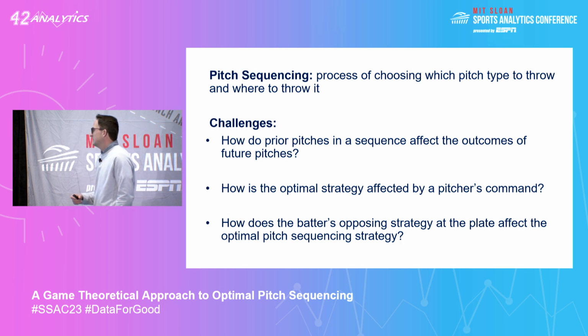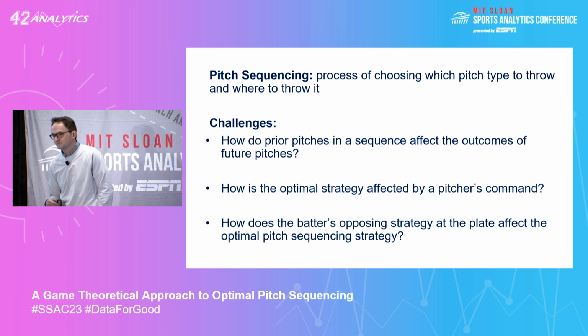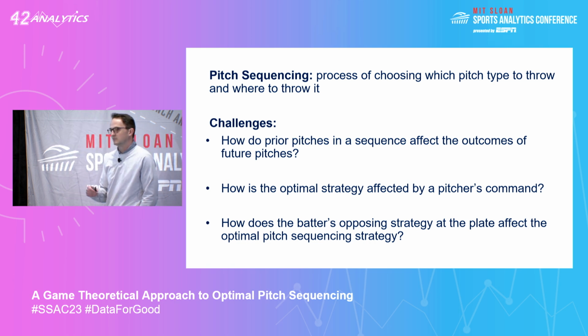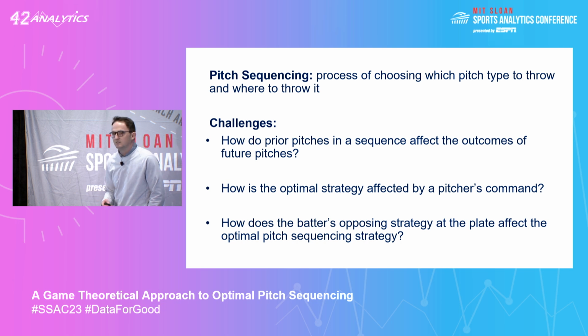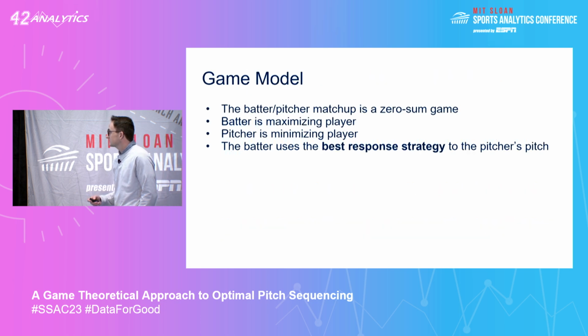And then finally, batters don't just show up on game day and step in the box. They watch film, they prep, they have their own strategies to try to beat the pitcher. And so we wanted our pitch sequencing strategy to consider what the batter might be doing to try to beat the pitcher. And that idea of opposing strategies lends itself to a game theory model.